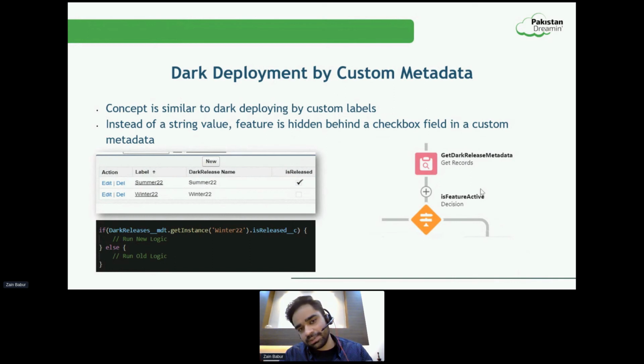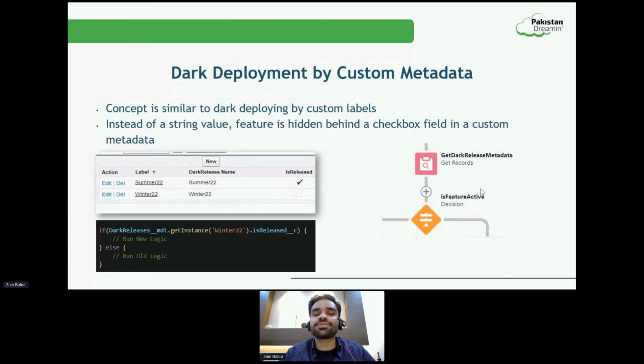Because labels are inherently string values, they can have anything, and so whoever turns them on can have a bit of confusion about it. For example, if the value is supposed to be true to turn a feature on, is it true in all caps? Is it true with a capital T or a small t? Maybe they add a small space accidentally.